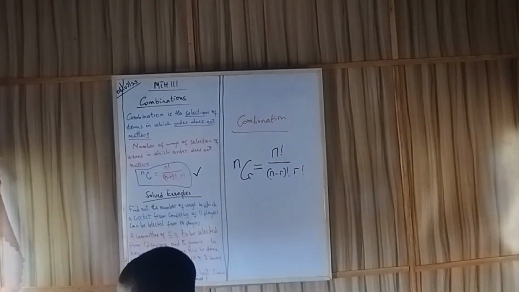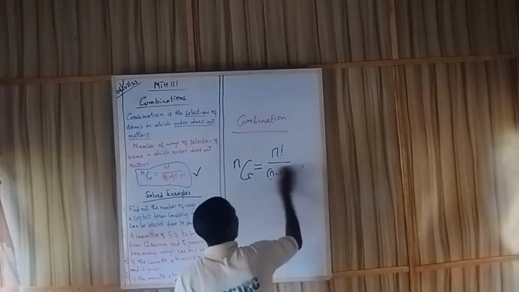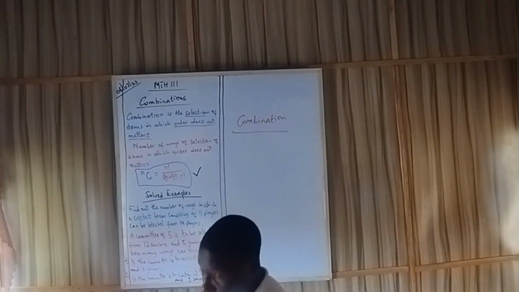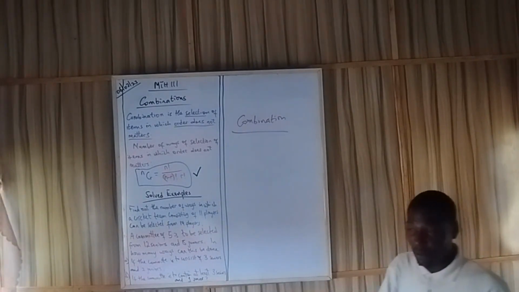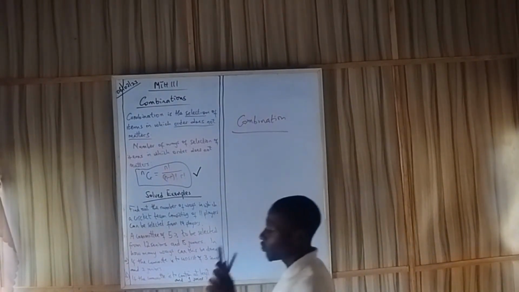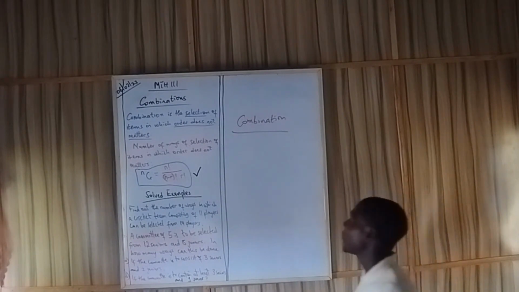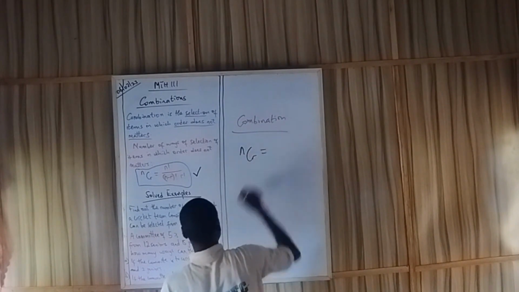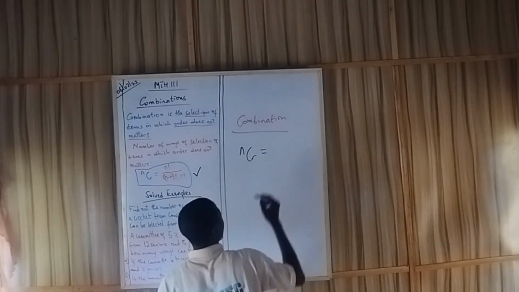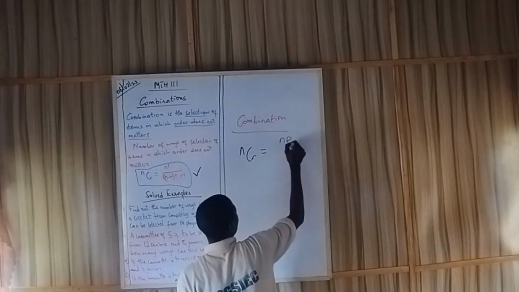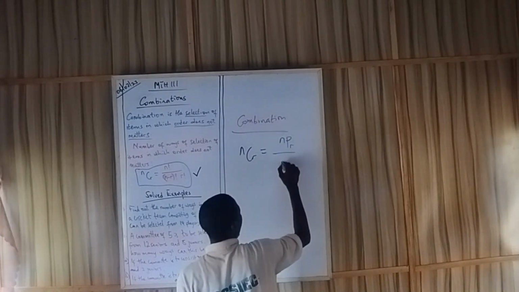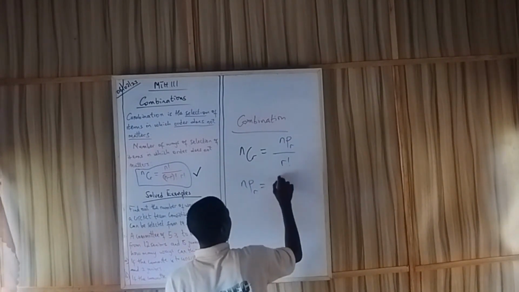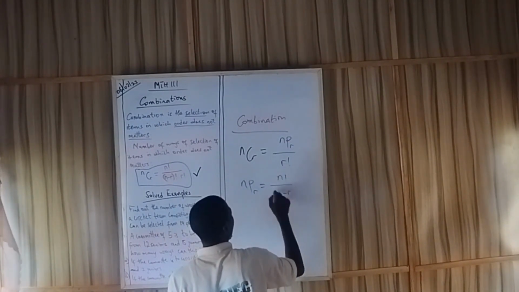Now, I want to remind you, if you remember in class, how this formula is related to permutation: your n combination R is related to n permutation R over R factorial, where your n permutation R is n factorial over (n minus R) factorial.